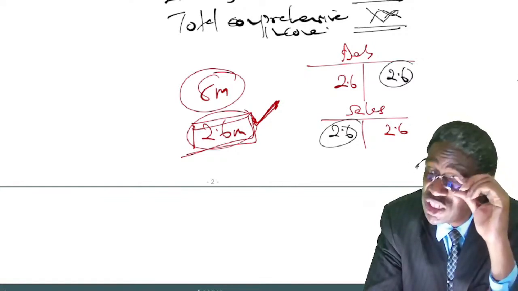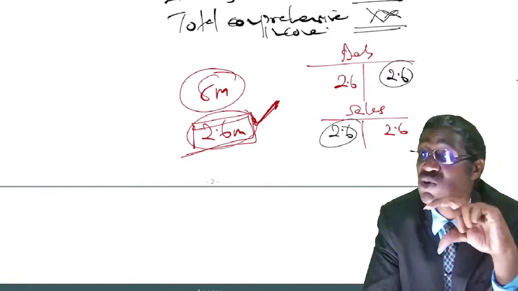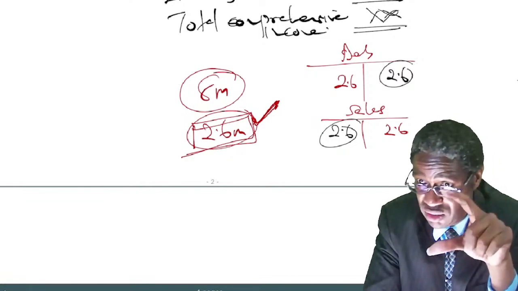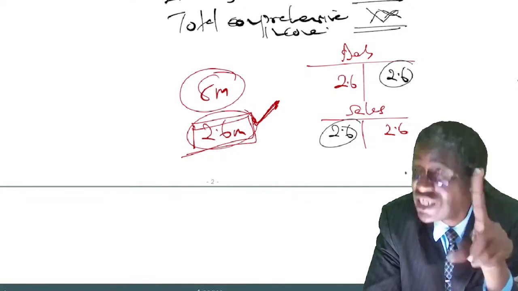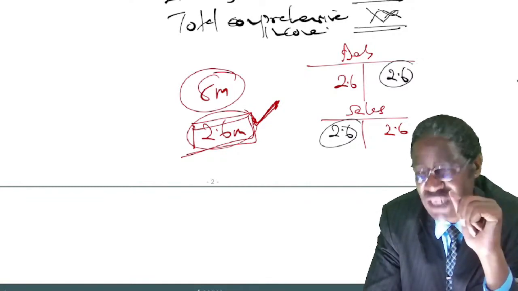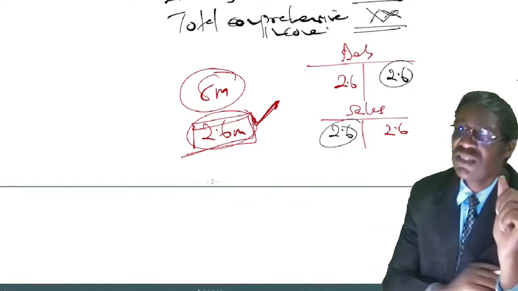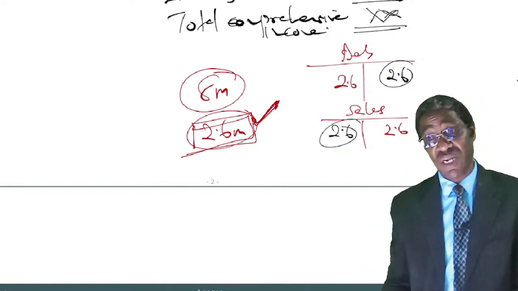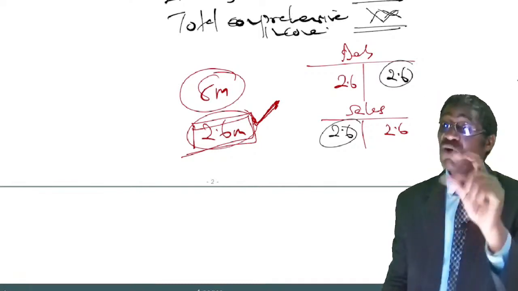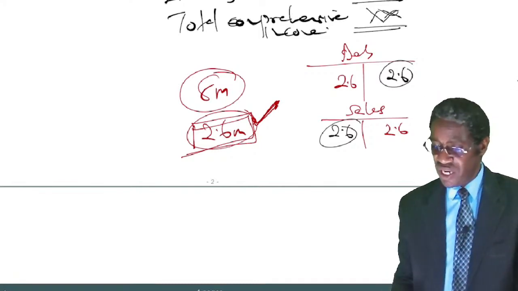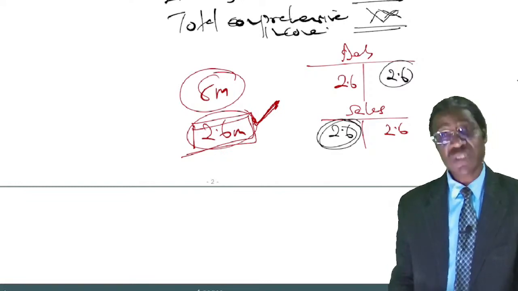So what you shall do here, we shall have to reverse the entry that you made when you sold the goods. They are still yours. Now, it means again that the sales figure I'm given in the trial balance, that sales figure is wrong. Is it overcasted or undercasted? It is overcasted by how much? 2.6.